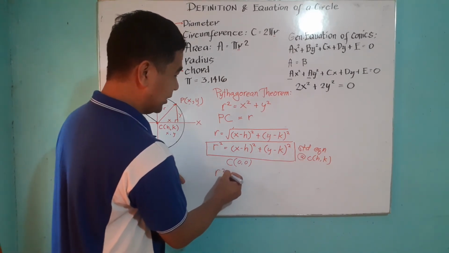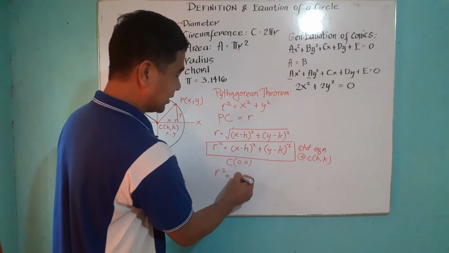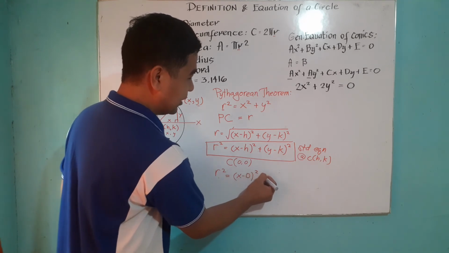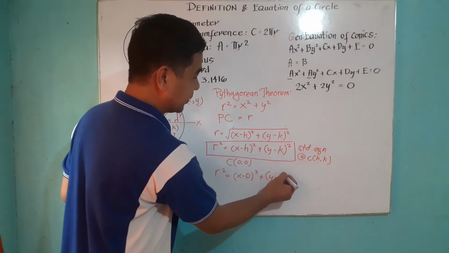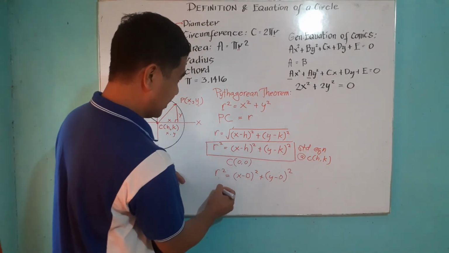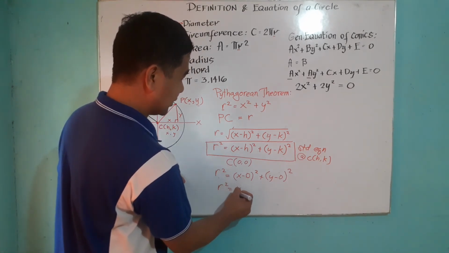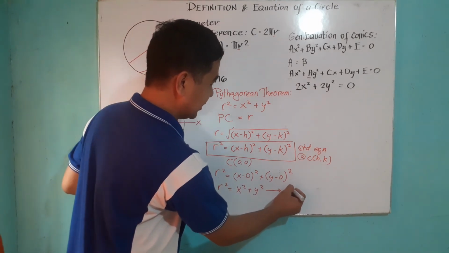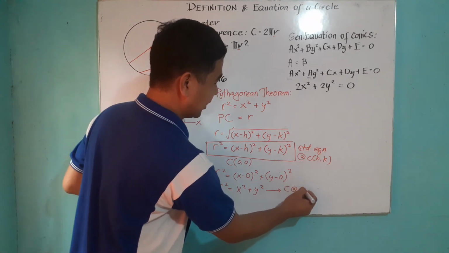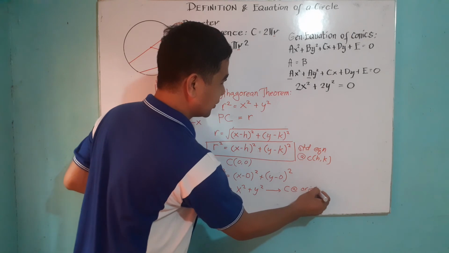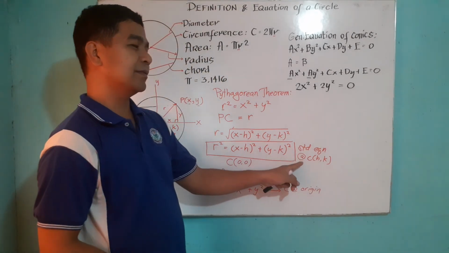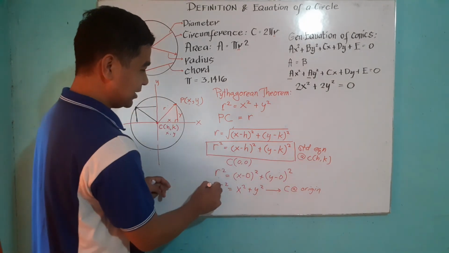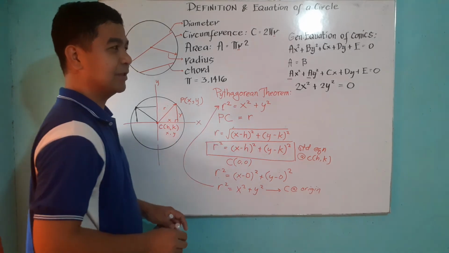We have r squared equals quantity x minus 0 squared plus quantity y minus 0 squared. Therefore, r squared equals x squared plus y squared. So this is the center at the origin. So we have two: center at any point C, h and k, and center at the origin. Actually, this is just a formula from the Pythagorean theorem.